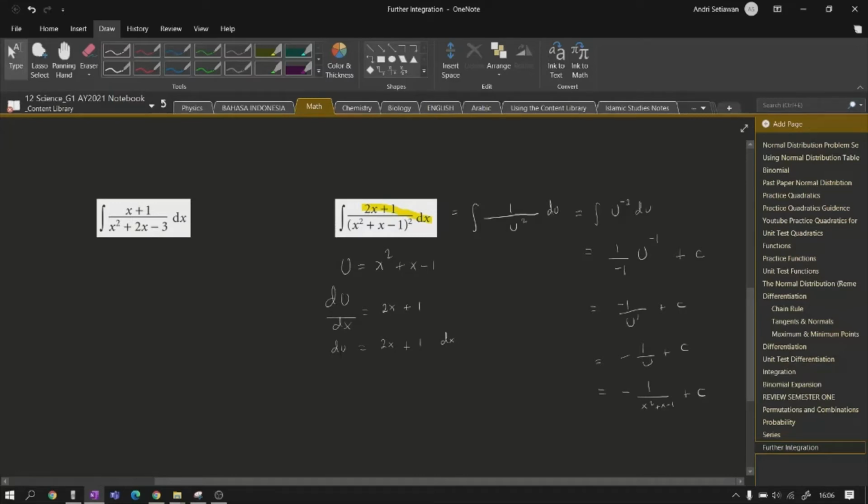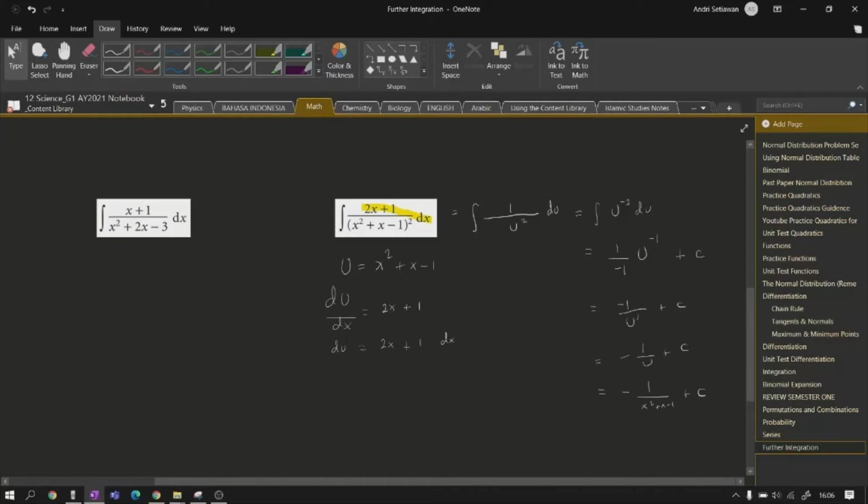And the third part, we will try to make the first derivative feel similar with the term outside the bracket.